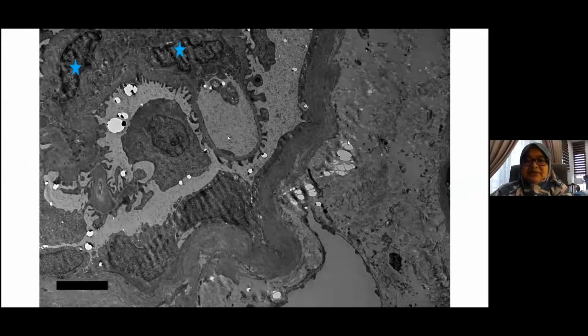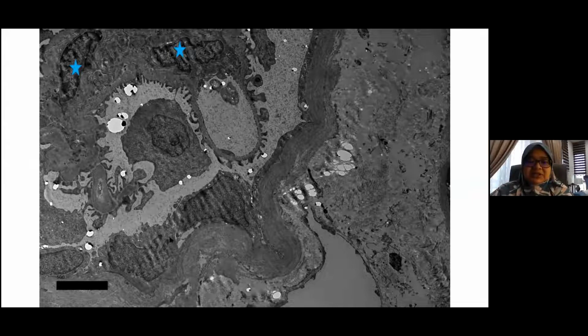All right, so we can see that this is the Bowman's capsule. Okay, and this is the interstitium outside of the Bowman's capsule, and it is normal to have some collagen in the interstitium.